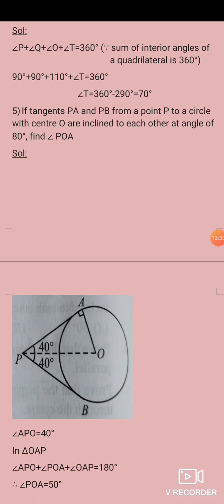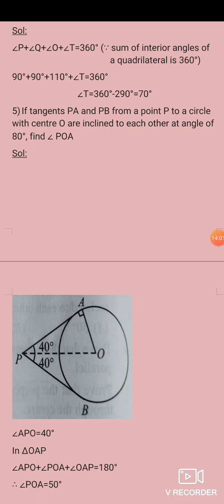AP is equal to BP, and the total angle APB is 80 degree. Now the triangles are congruent using theorem 2, so angle APO and angle BPO are equal. So angle APO we consider 40 degree.